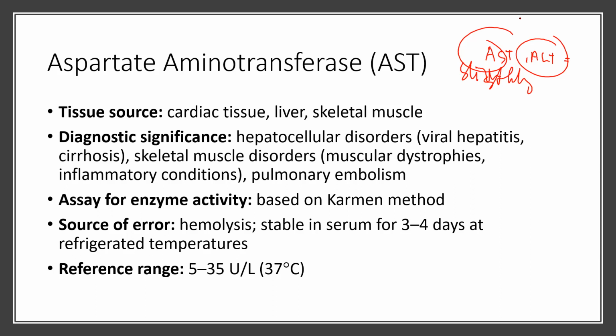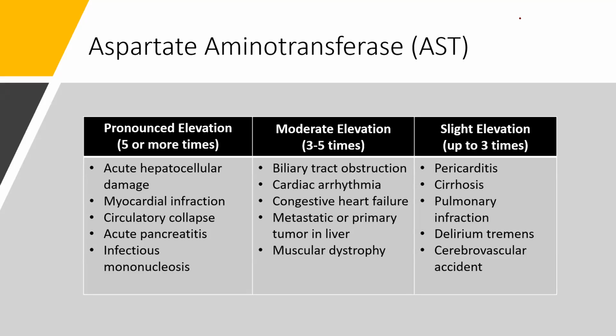Okay? The range is 5 to 35. In some laboratories, the range is 0 to 50 or 0 to 45. So these are the conditions in which aspartate aminotransferase is increased.